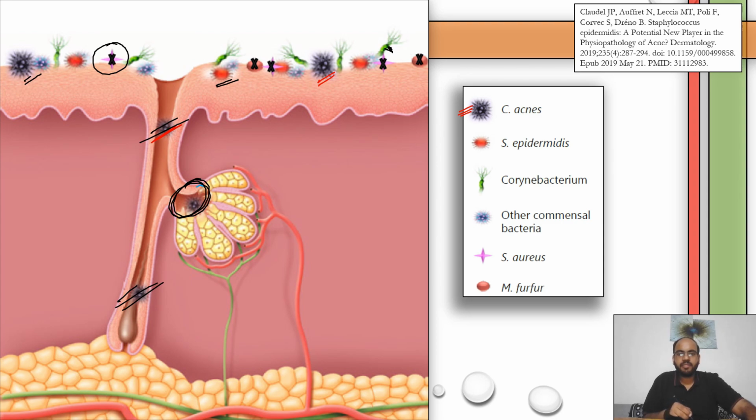And Malassezia furfur is this one, small little oval brown. But we have to concern ourselves with the action of C. acnes and Staph epidermidis. So this is the normal pilosebaceous unit. Okay, I'll just remove all the markers. So this is the normal pilosebaceous unit, and you will see all the commensal organisms around it. Clear? Let's move forward.